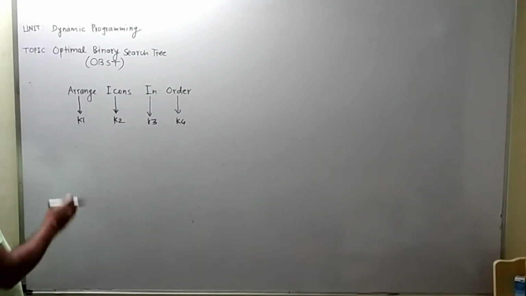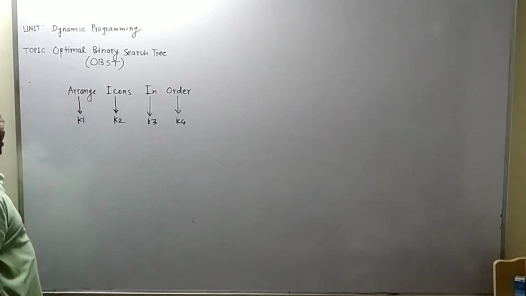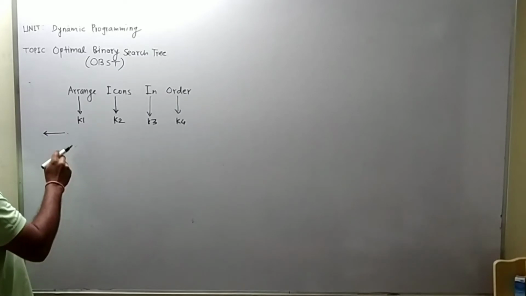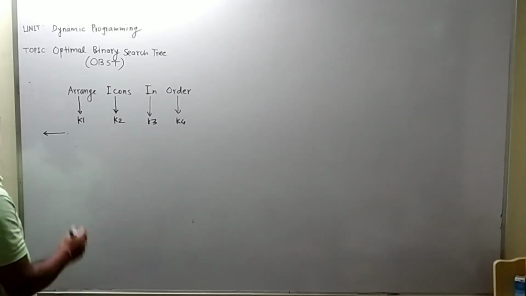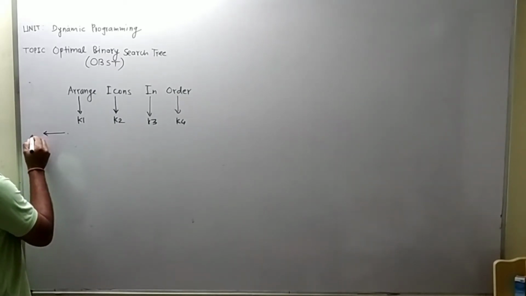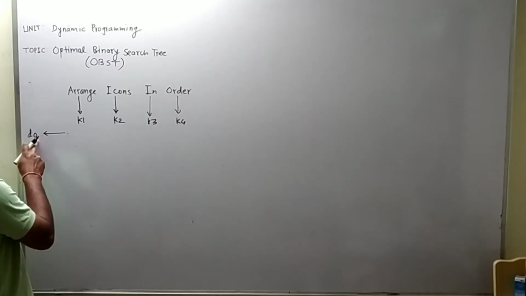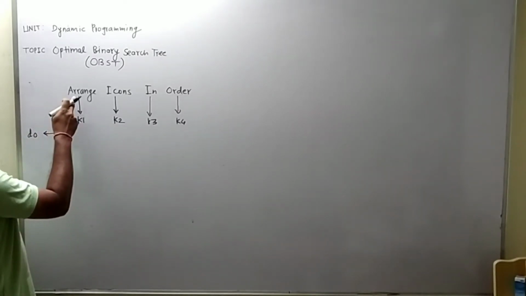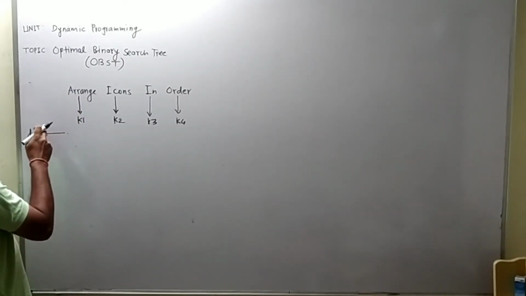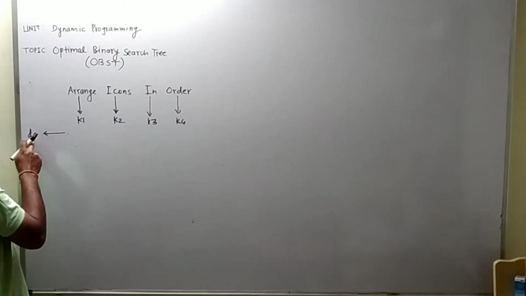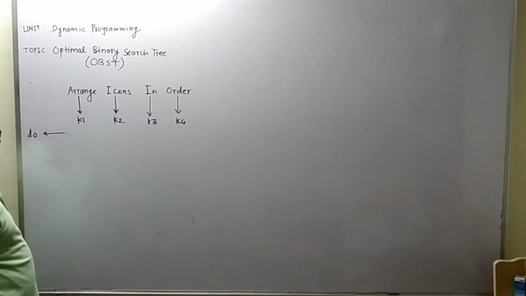In the dictionary, before the word arrange, there may be many words, and we can call these words the dummy words or the dummy keys. Dummy keys are represented using D, that is D0, meaning all the keys which are just before arrange, and we call these words dummy words or dummy keys.